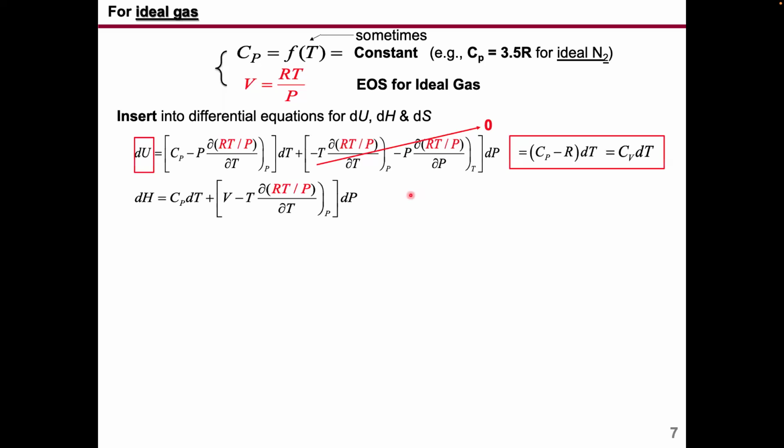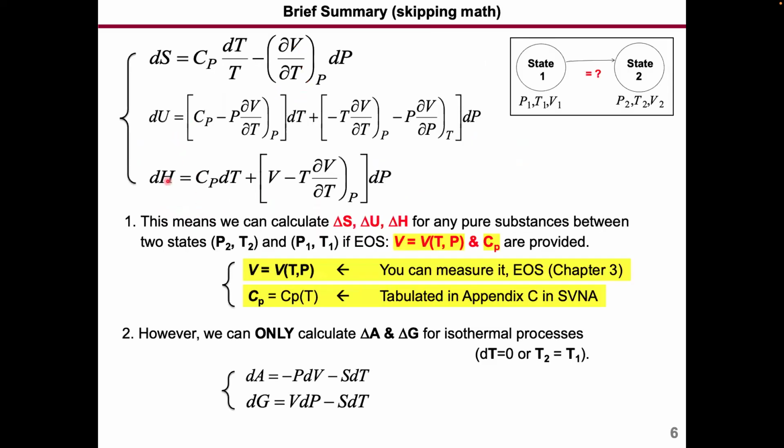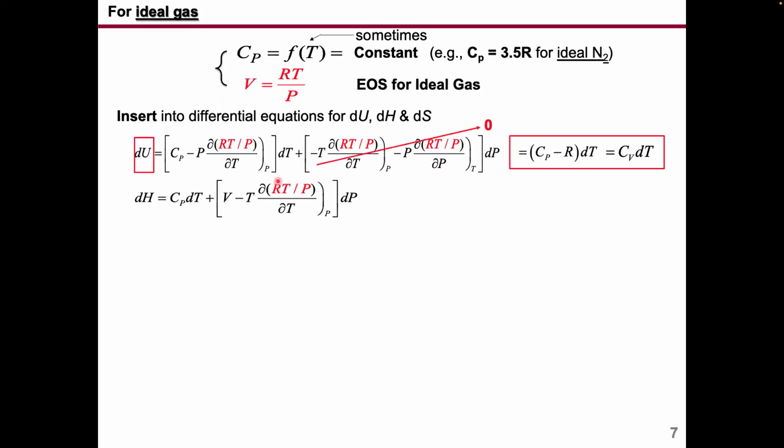All right. Then we do the same thing for dH. From the previous equation, you can see dH is Cp dT. And then again, we are going to replace V with RT divided by P. So here we can do the partial derivative while holding P constant.